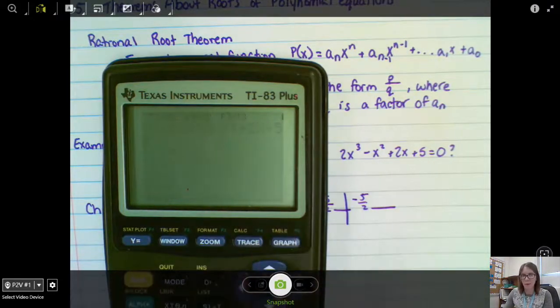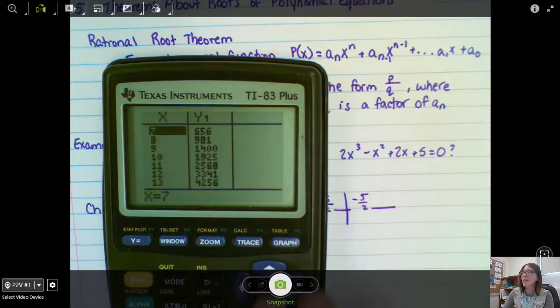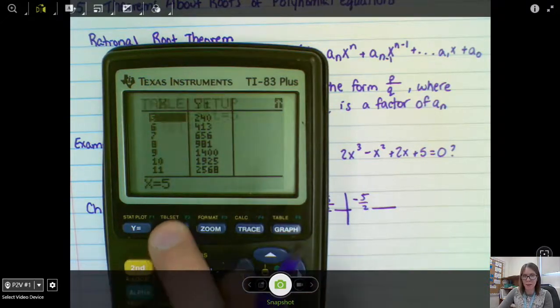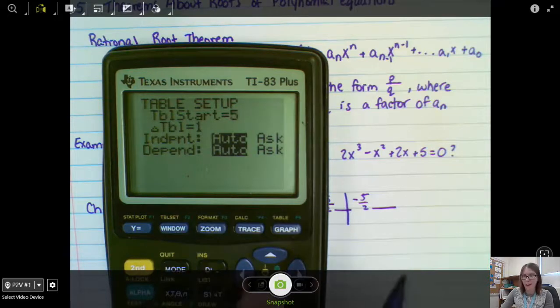Then go to your table. We can scroll through here and that would tell us our whole number possibilities, but an even easier way that will help us get some of our fractions in there is to go to table set. So I hit second, table set up here, and change the independent variable, which is x, to ask. I want it to say ask instead of auto.